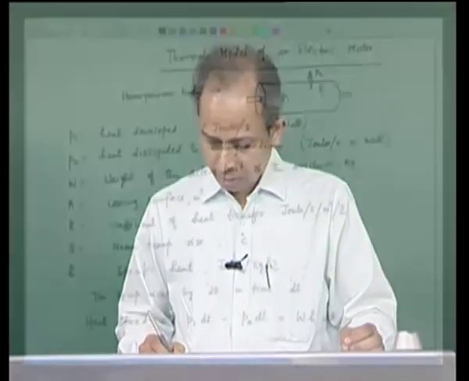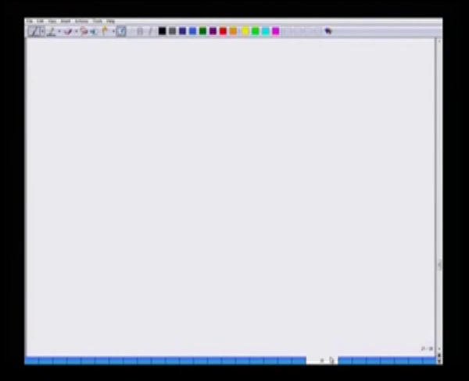So, we will solve this in the following fashion. We have this equation P1 dt minus P2 dt is equal to WH d theta. And here what is P2? The heat that is dissipated to the cooling medium. There is a cooling which is constantly taking place.